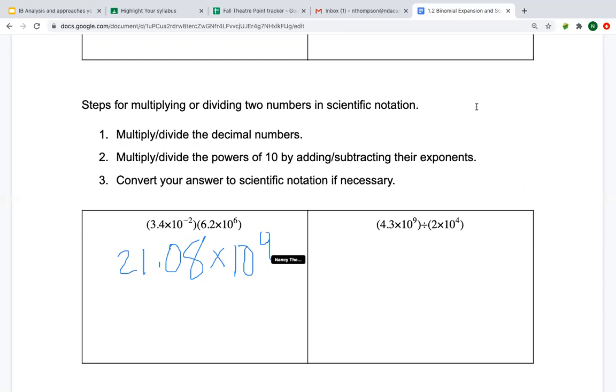Now, again, our last step is to convert it back to scientific notation right now, because that 21.08 has two numbers in front of the decimal place. That is not correct. So now I need to move the decimal place to the left. If I'm moving the decimal place to the left, then I need to change the power.